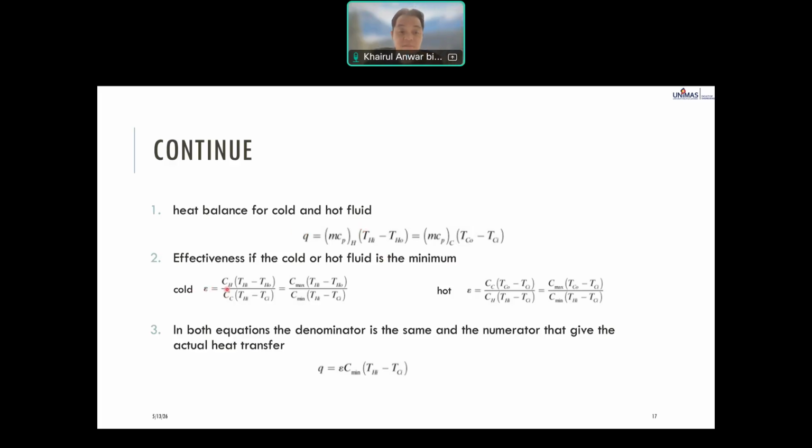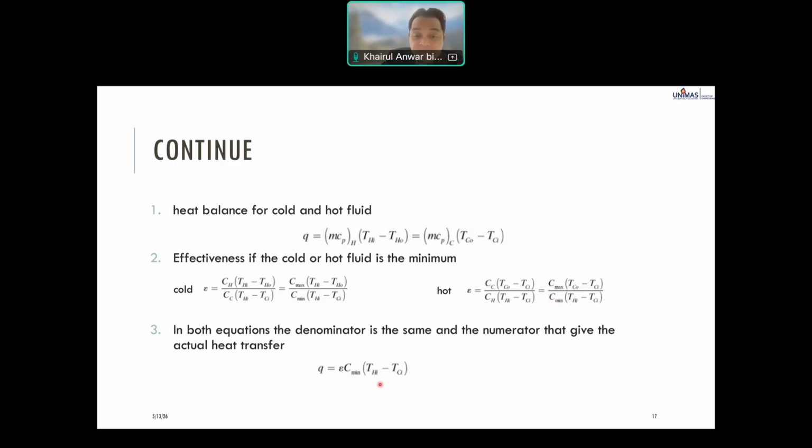So epsilon H equals CH. From here, the denominator, the expression below, is the same.